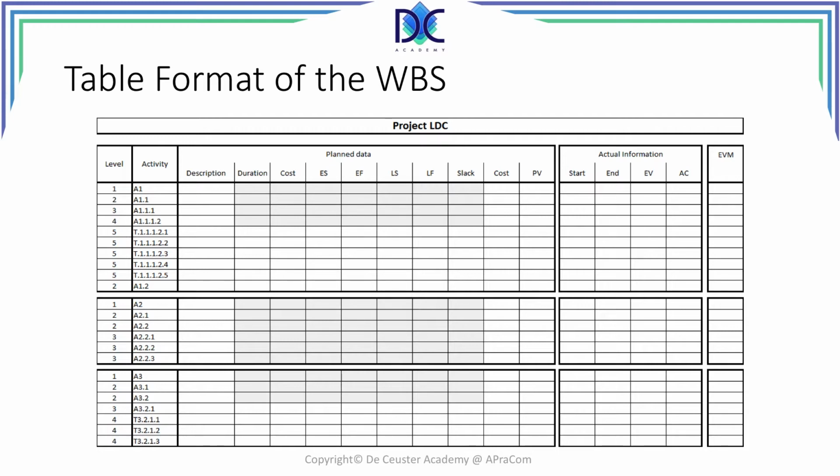And we can also add all kinds of information about project completion. The table format may be very interesting for doing calculations and verifications, but it's not so interesting for project follow-up. It's not a visual tool, but it's a practical tool that can be used for many things.